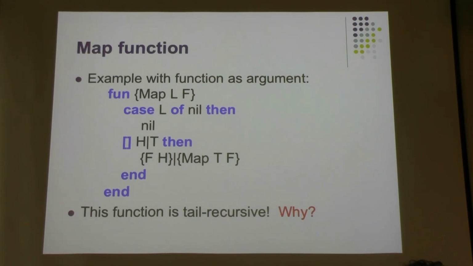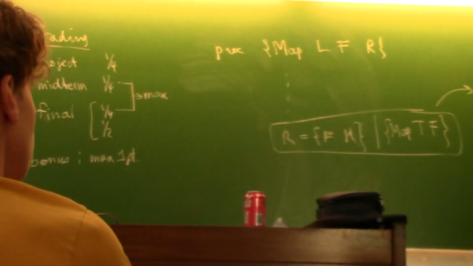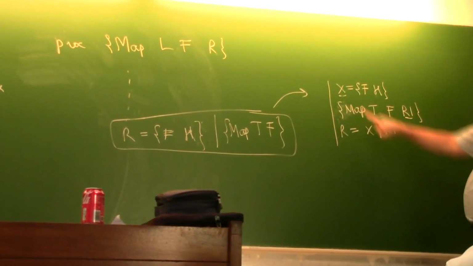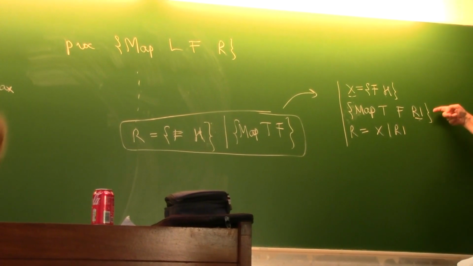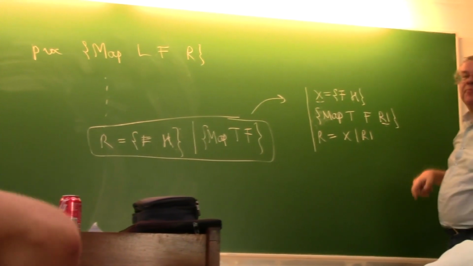And then I have R is equal to X bar R1. Okay, so this is the naive translation. I'm calling F, I'm calling map. So this one returns X, this one returns R1. And then R is equal to X bar R1.